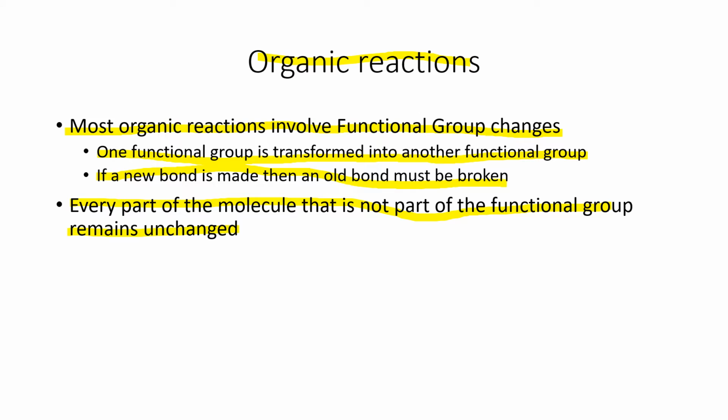All those cars are just going to follow along wherever that engine pulls or pushes them. Same thing with the functional group. The rest of the molecule is just going to go along for the ride with whatever's happening to the functional group and remain unchanged. So that's going to be a key part for a lot of these organic reactions that we're going to talk about.